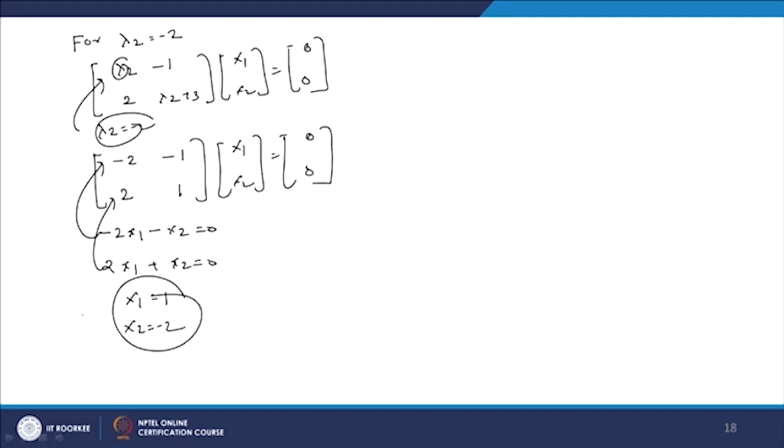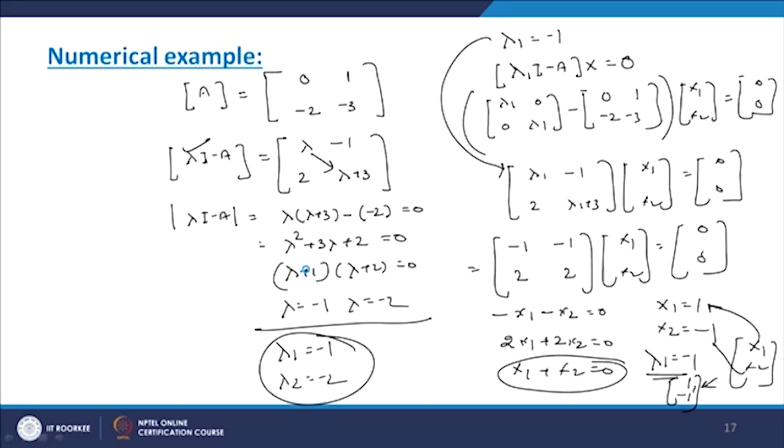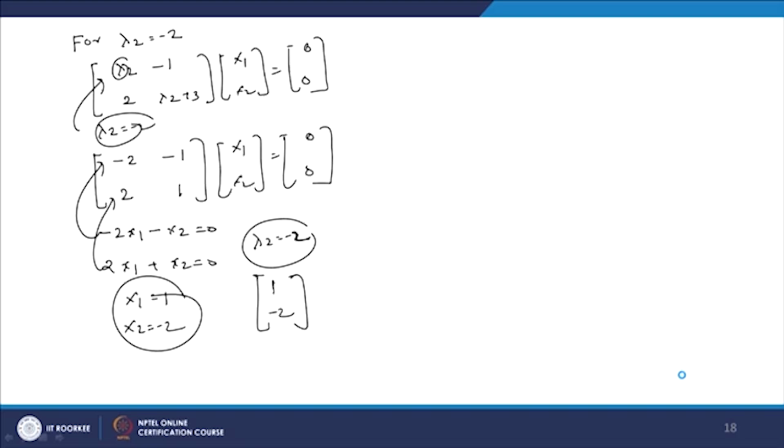Therefore when lambda 2 equals minus 2, the eigenvector is 1, minus 2. So for lambda 1 equal to minus 1 we have the eigenvector 1, minus 1, and for lambda 2 equal to minus 2 we have the eigenvector 1, minus 2.